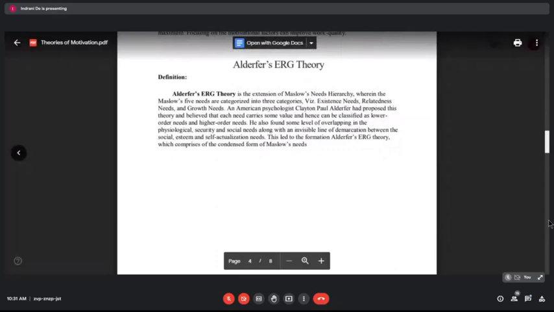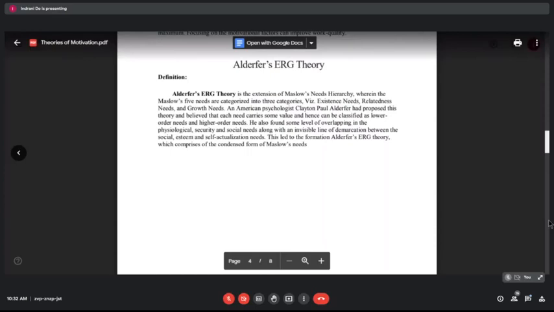Then comes Alderfer's ERG theory. Alderfer's ERG theory is talking about three types of needs.